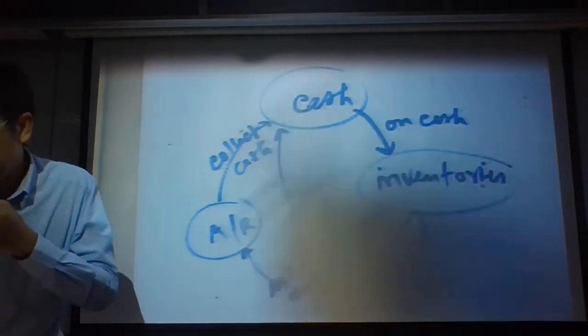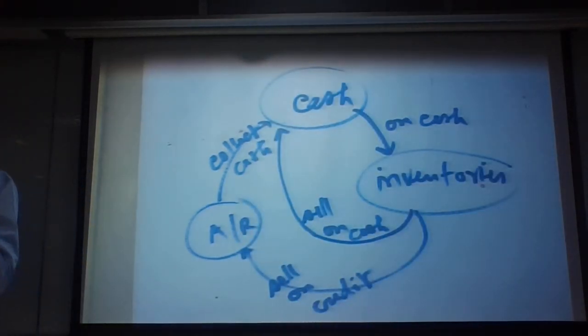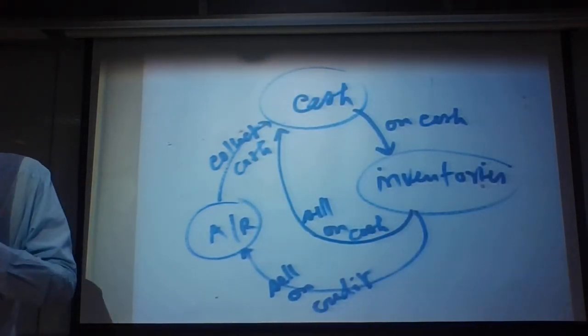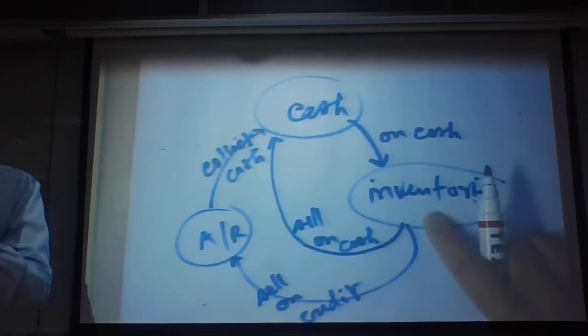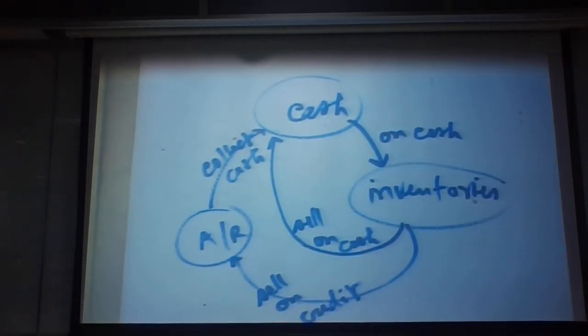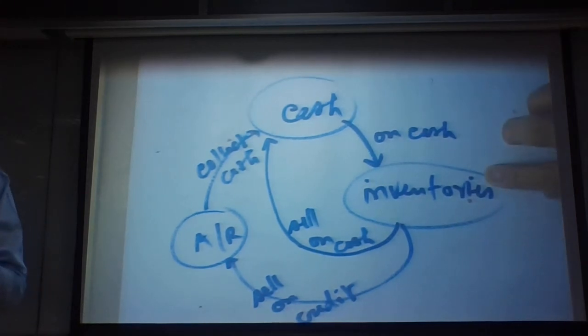So if the whole process takes 3 months, right, then financing the inventories should be done with a 3-month financing as well. For example, these inventories may be financed by a 3-month short-term loan from a bank or by buying from suppliers on credit, expecting to pay the suppliers within 3 months, right?